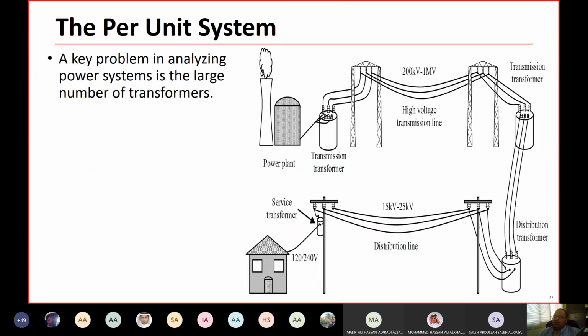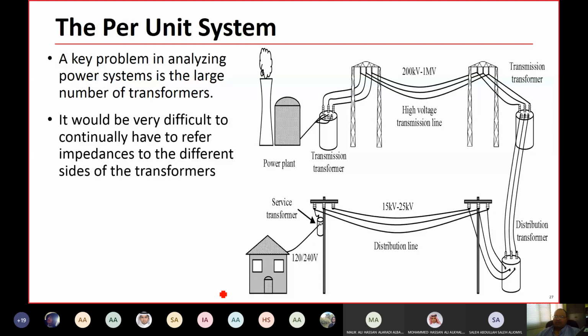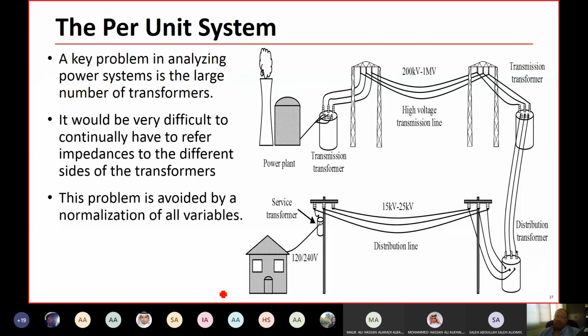We cannot use just the actual numbers. The key problem in analyzing power system is the large number of transformers. You have step-up transformers, and then you have step-down transformers, and so on. So you have several transformers there. It would be very difficult to continually have to refer impedances to the different sides of the transformer, as we mentioned.